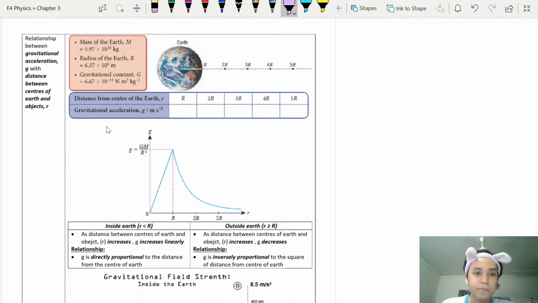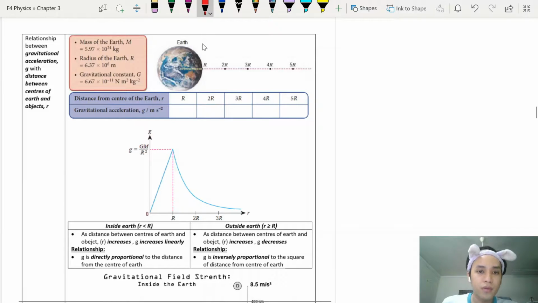In this part, you are going to look at the relationship between the gravitational acceleration and the distance from the Earth, meaning the relationship between g and your r here. For this particular part, I need you to really focus. There are two things that we need to look at, two conditions basically.